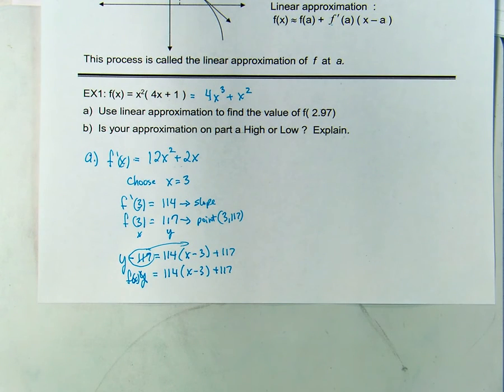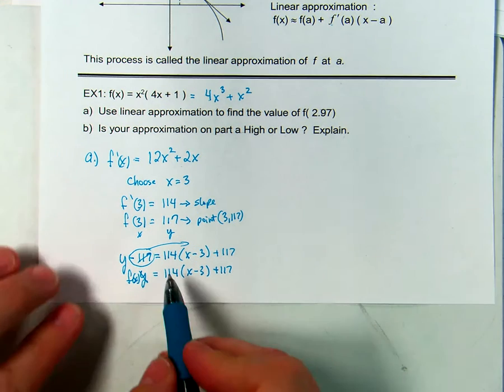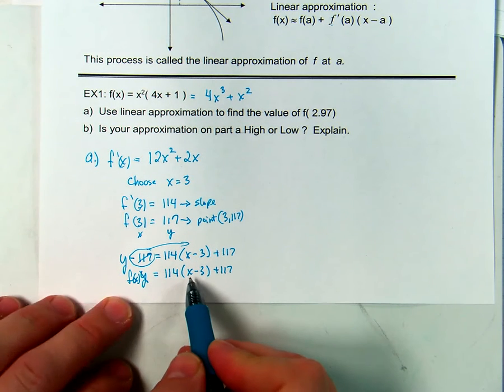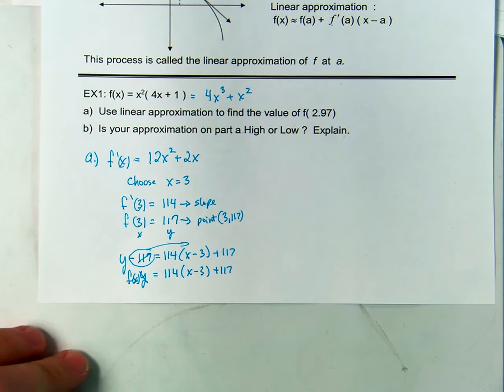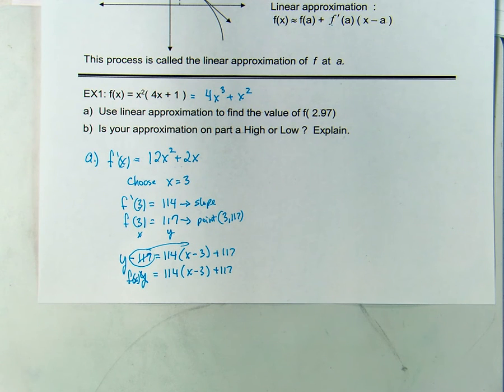Okay, now that we have this equation, this is the beautiful part of it. We have this equation for the values when x is 3. We can use this equation, and at this point, we could plug in 2.97, and it's going to give us an approximation of what it should be.